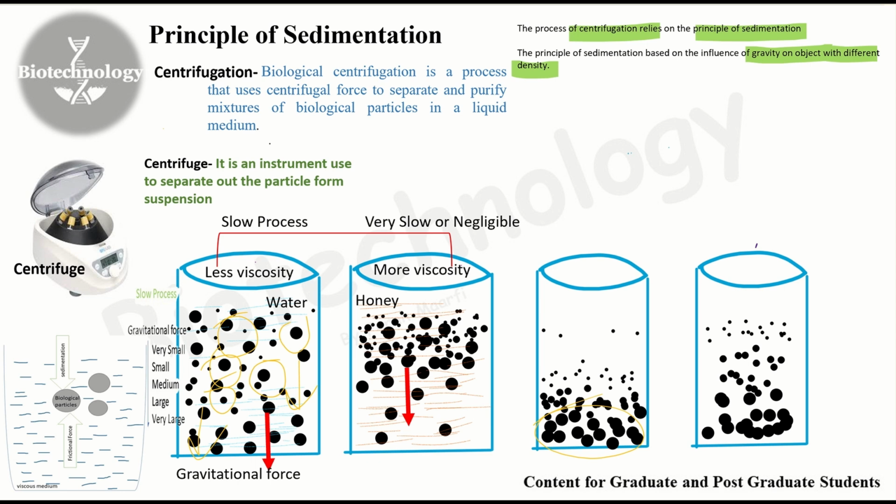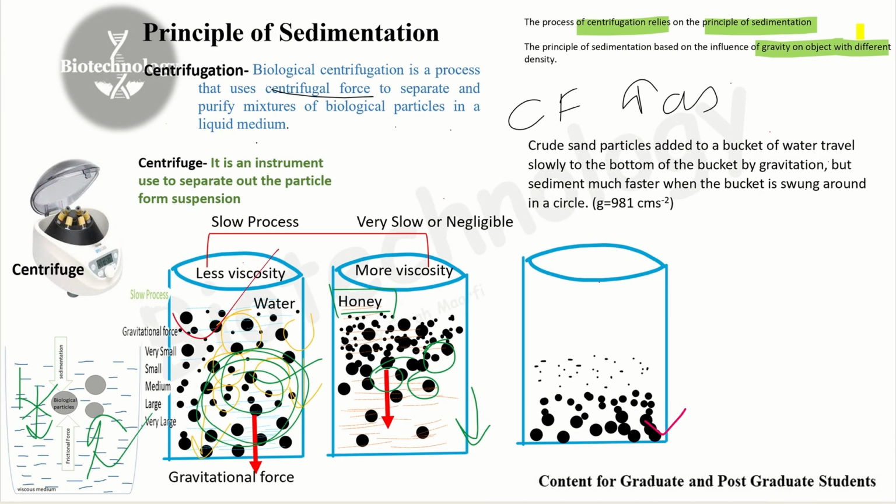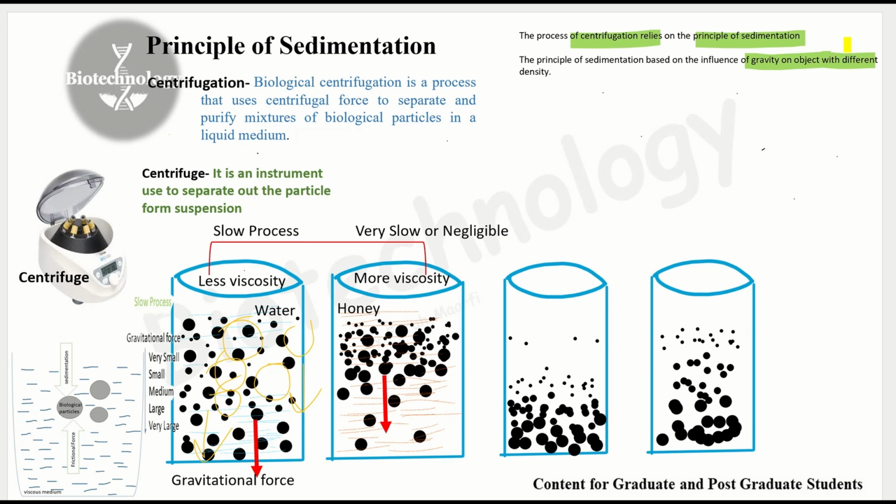And this gravitational force makes the particles settle out of the suspension like this. These heavier particles will settle down first, and then the larger and the smaller particles will settle out differently, and the settling rate depends on the size and shape of the particle and the density and viscosity of the fluid. So for the particle, the governing factor is size and shape.